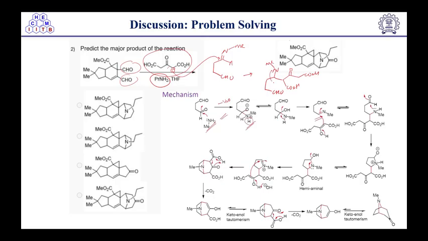After getting this intermediate, what will be the next thing? This nitrogen will again attack on this aldehyde because this is a double Mannich reaction, right? So it will attack here and it will form a 1, 2, 3, 4, 5 member ring. Five member ring.